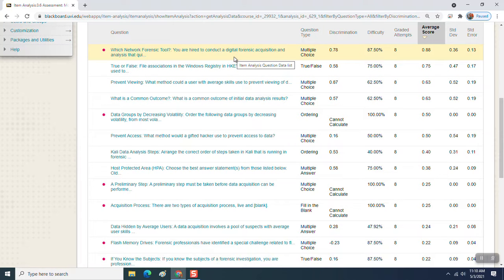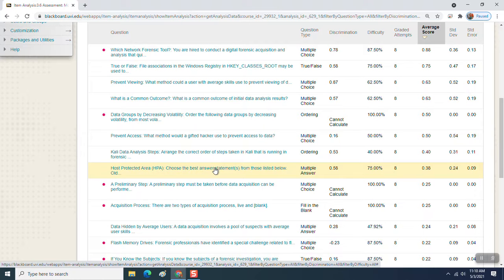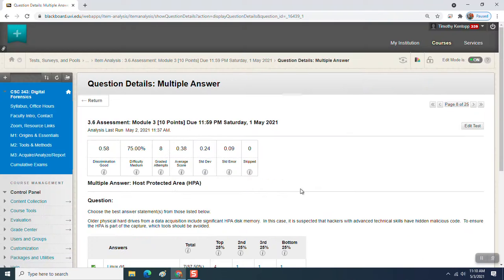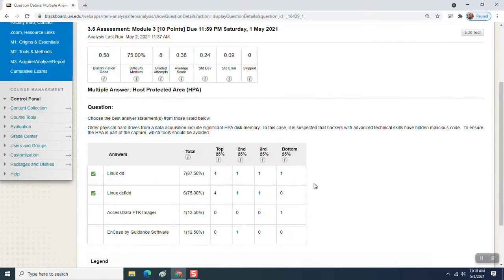This one here, which network forensic tool? All right, so let's take this question. Choose the best answer statements from those listed below. Older physical hard drives from a data acquisition include significant HPA disk memory. In this case, it is suspected that hackers with advanced technical skills have hidden malicious code to ensure the HPA.